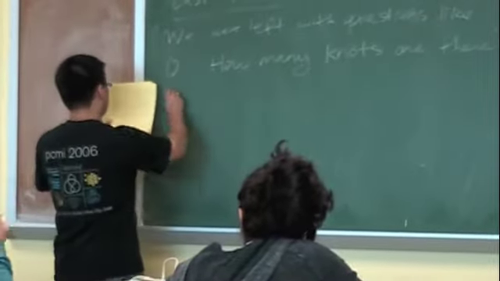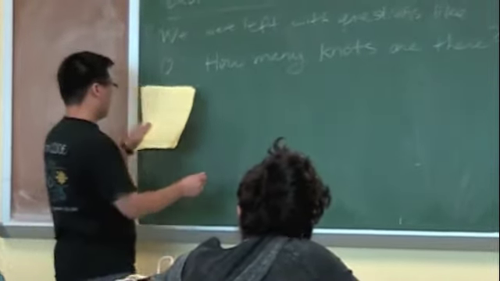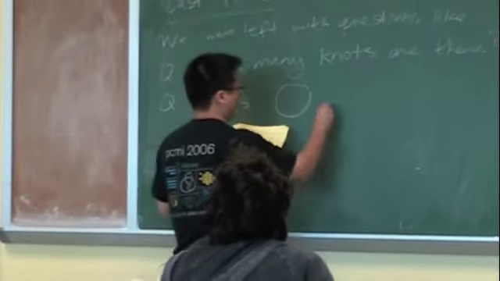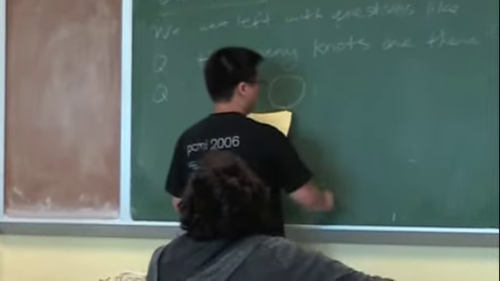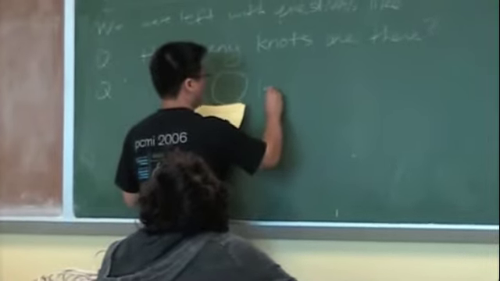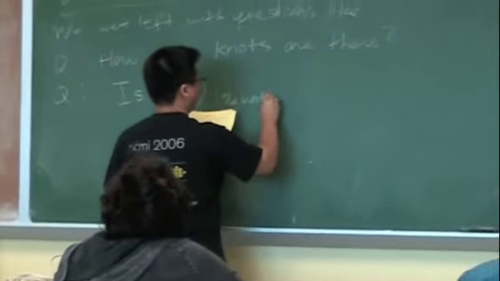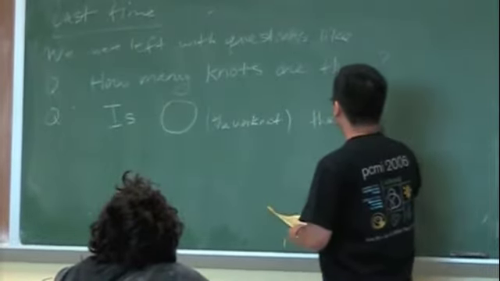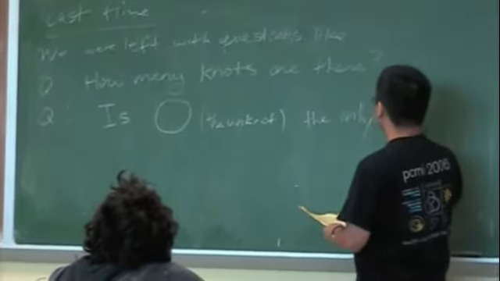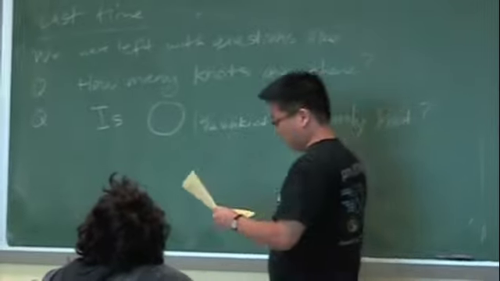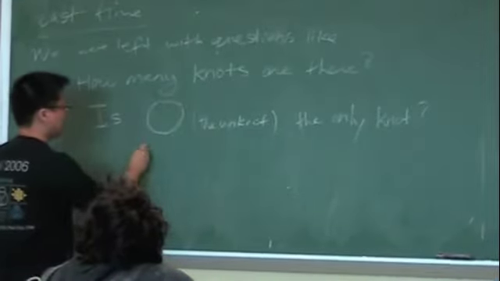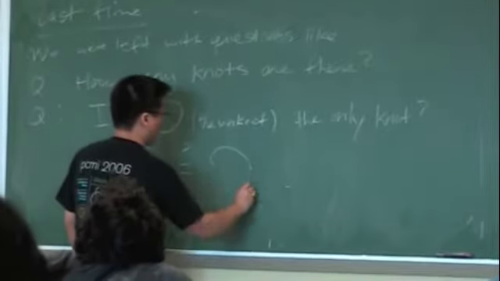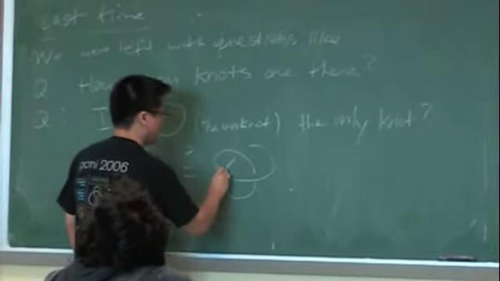So a simpler version of the question is this: is the unknot the only knot? In particular, the one knot that we've been drawing again and again has a name.